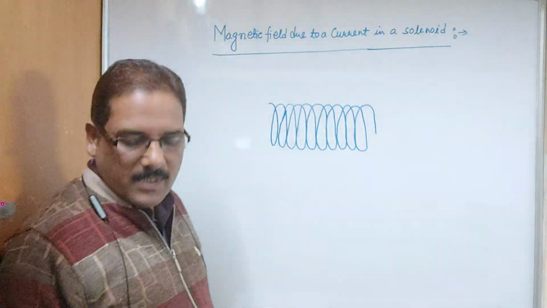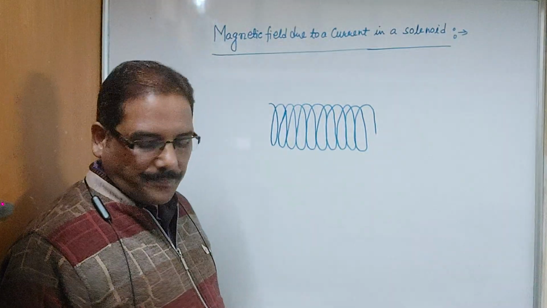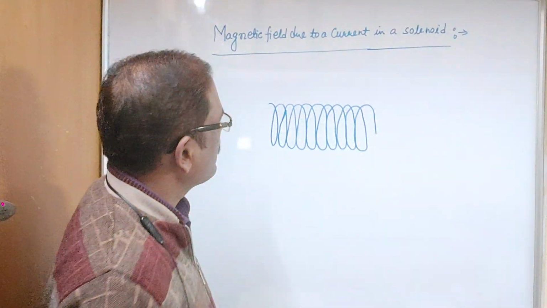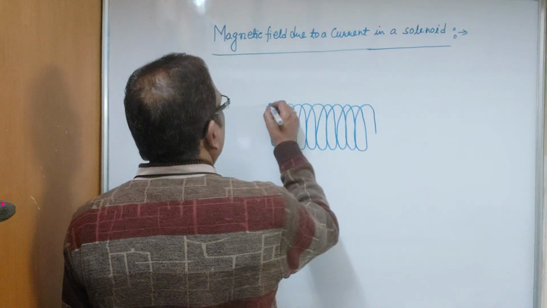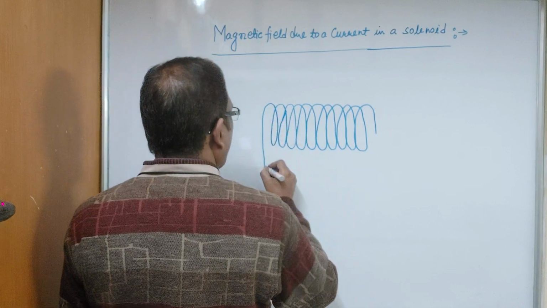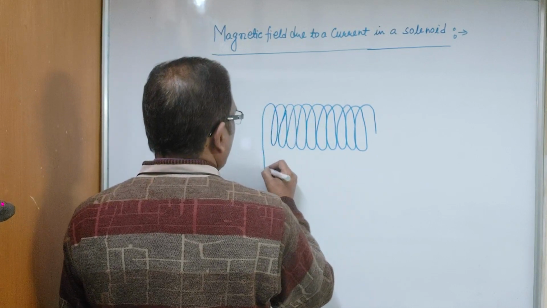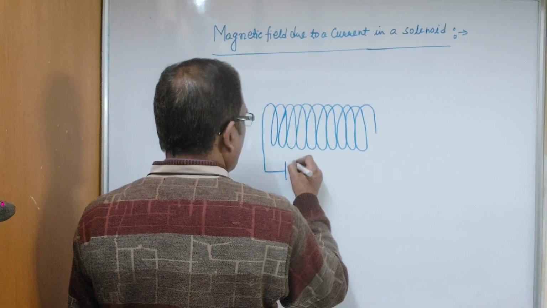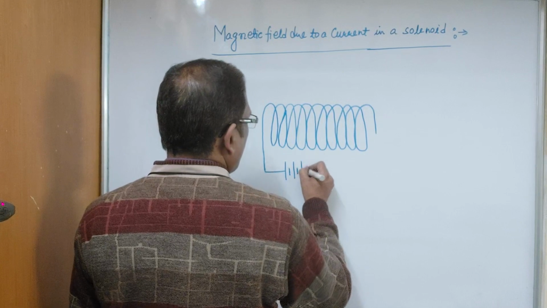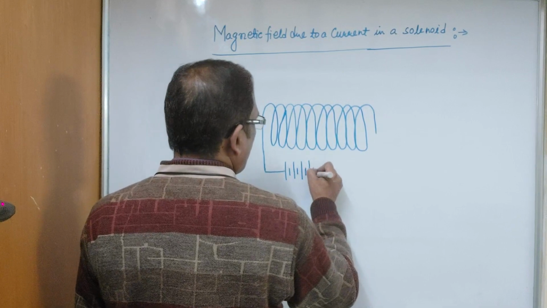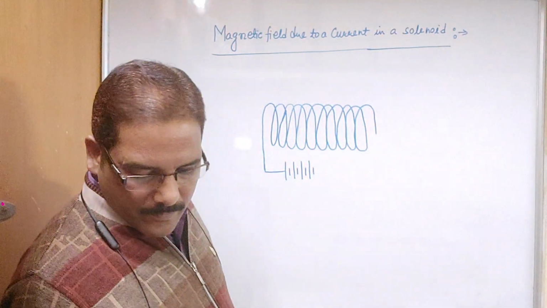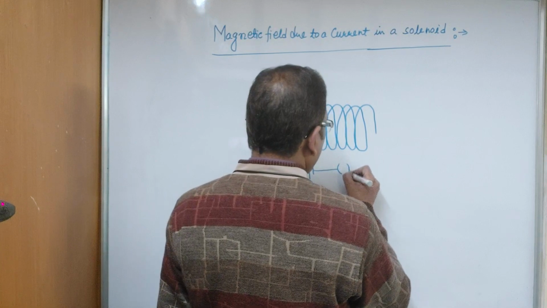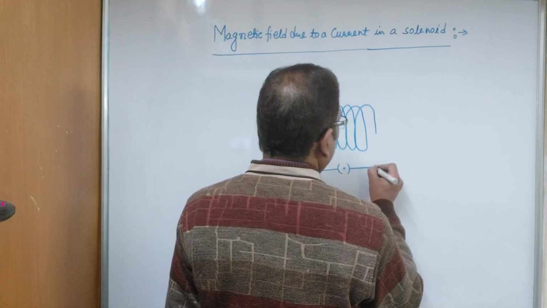Then connect the two ends of this spring-like structure with a battery. And we have connected a switch or key with it.